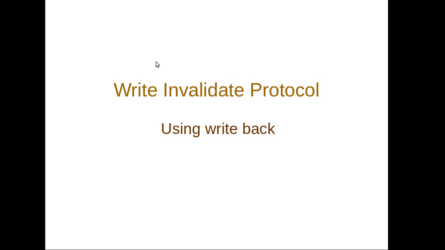In invalid state, the data present in cache line is not useful. In shared state, we can perform only read operation on the data. In exclusive state, we can perform both read and write operations on the data.